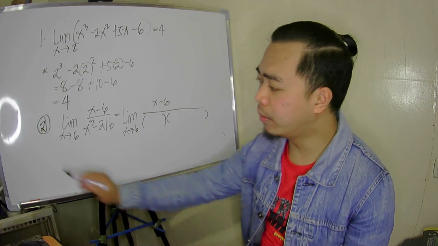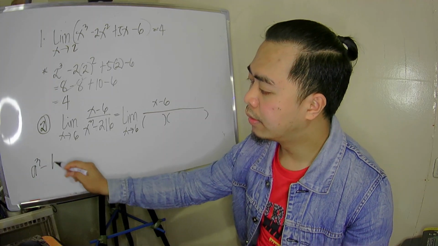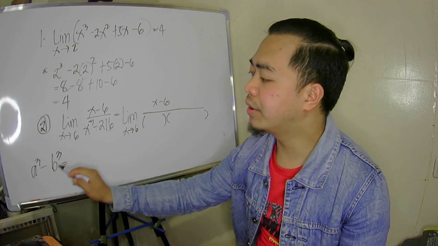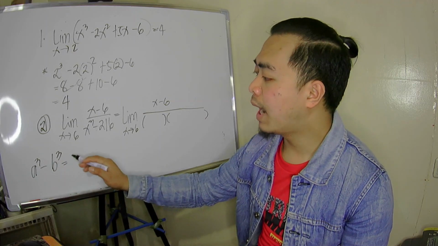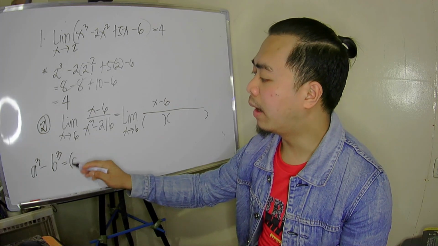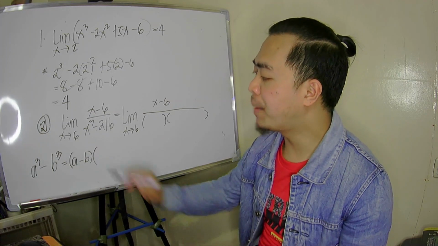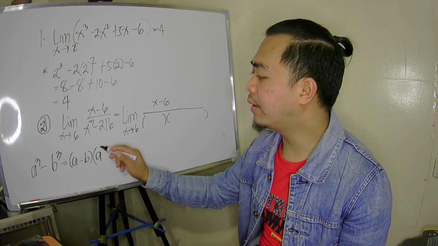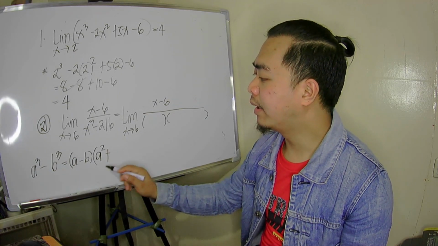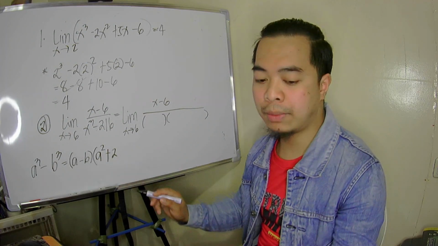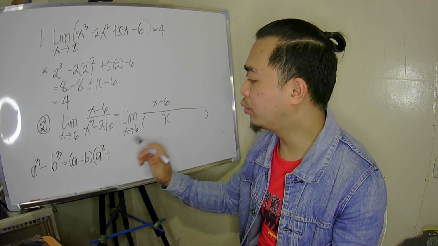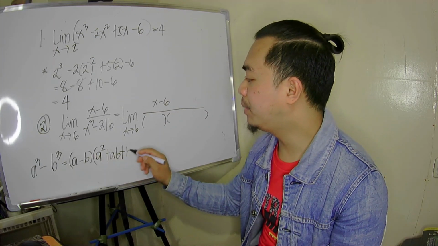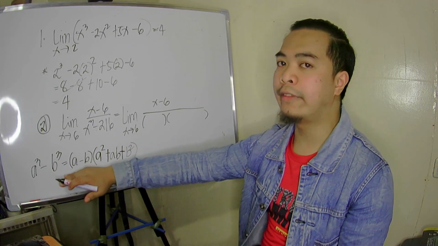How do we factor a difference of two cubes? Review: a cubed minus b cubed, numbers that are perfect cubes. The first factor is the cube roots of the two, following the sign. The second factor comes from the first: we square the first term, negate the sign, multiply the two terms a and b, there is no 2 there, so it's just ab, plus the square of the second term, b squared. So that is the factoring we will follow.